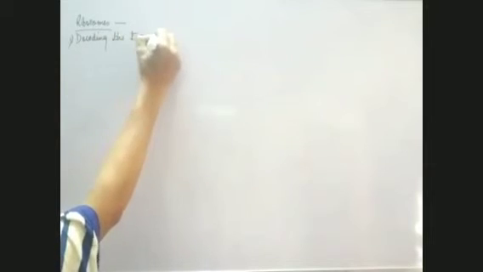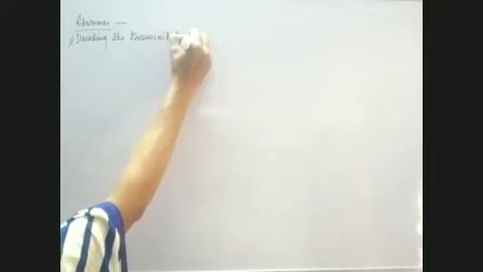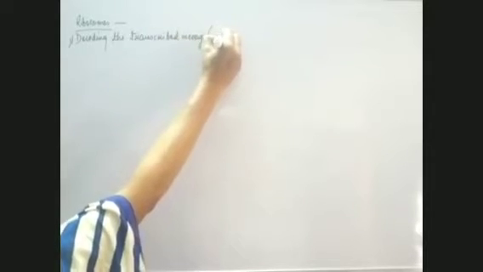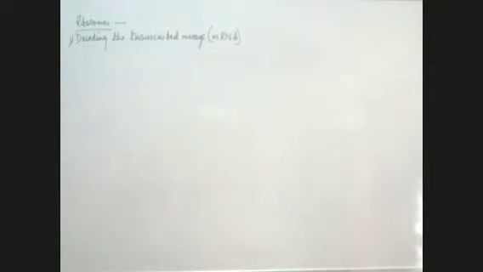So this message is transcribed where? This message is transcribed in messenger RNA. So this messenger RNA which has the transcribed message is decoded by ribosome. That is, translation is brought about.